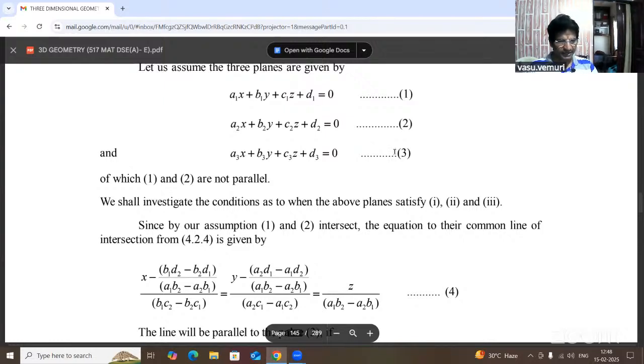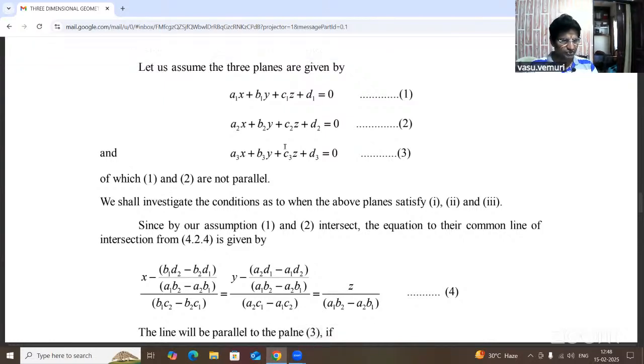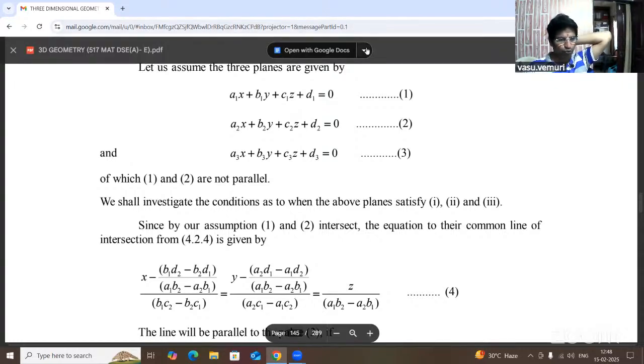Here the z1 point is 0. We are getting the values of LMN. And the point x1, y1, z1 is (b1 d2 minus b2 d1) by (a1 b2 minus a2 b1), and y is (a2 d1 minus a1 d2) by (a1 b2 minus a2 b1).